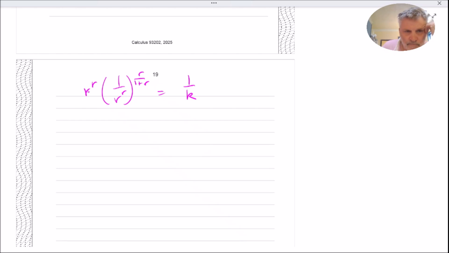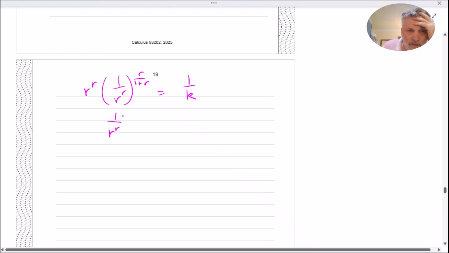This is a power of 1, and this is a power of minus 1 when we put it in there. So it's 1 over r to the power of r over 1 plus r to the power of minus 1.